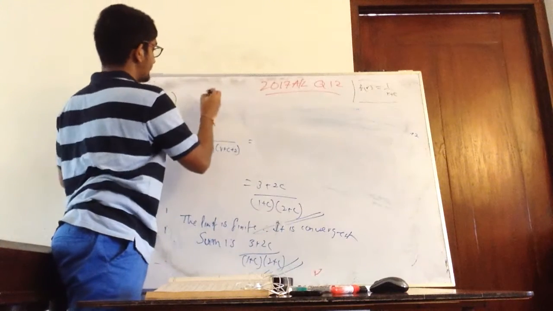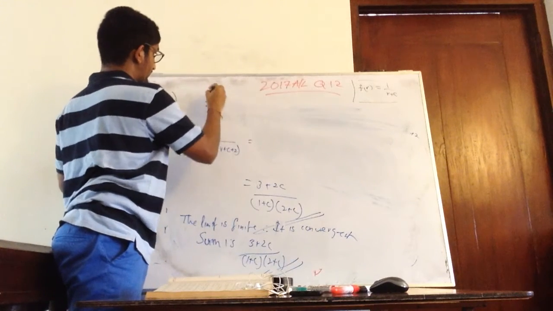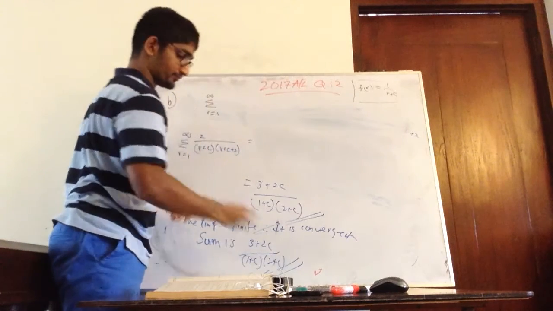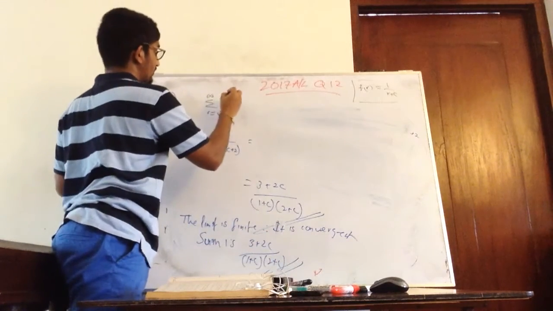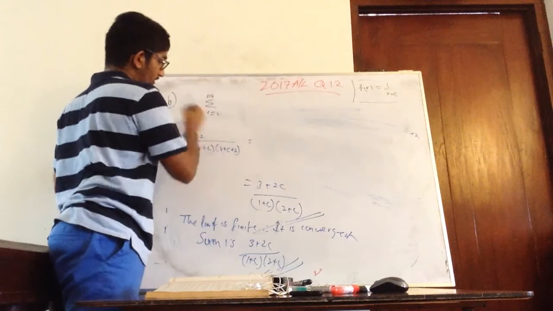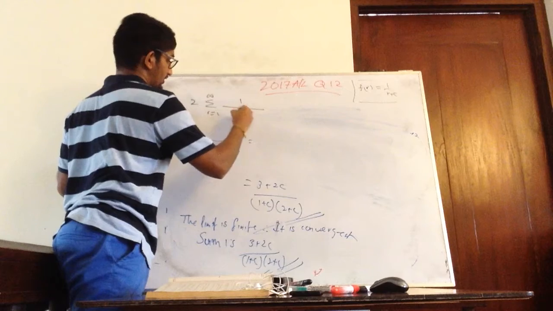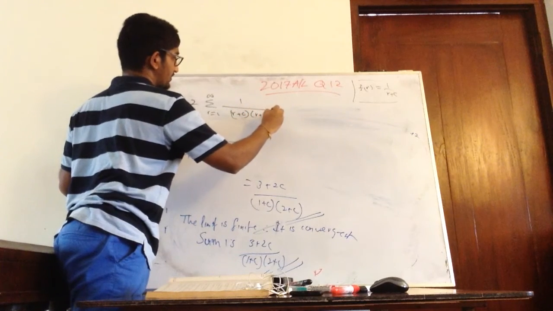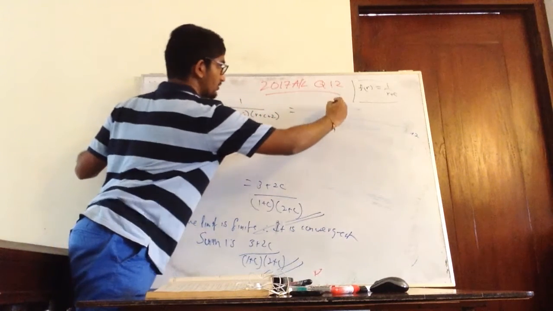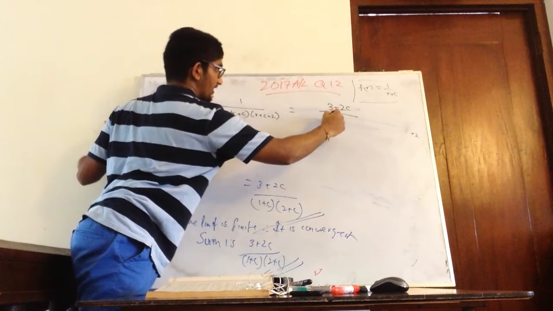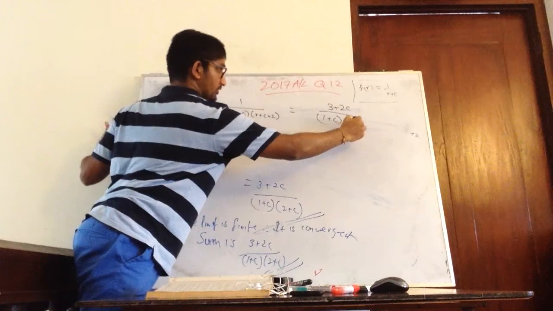So I know that when r equals 1 to infinity, I'm going to take the 2 out, r plus c plus 2 is equal to 3 plus 2c, 1 plus c, 2 plus c.